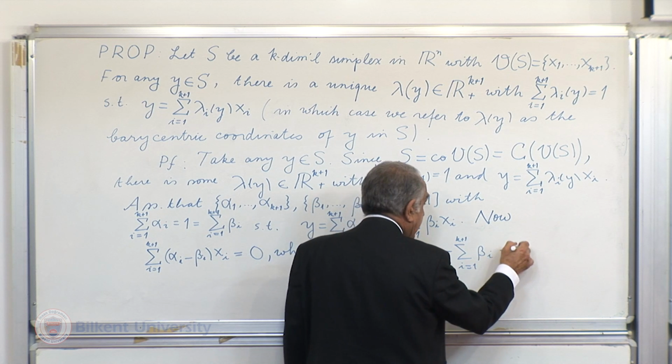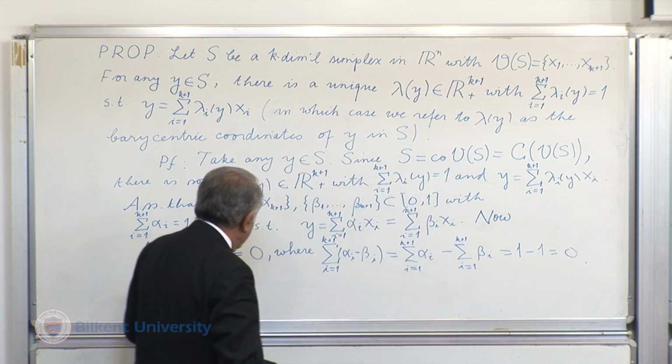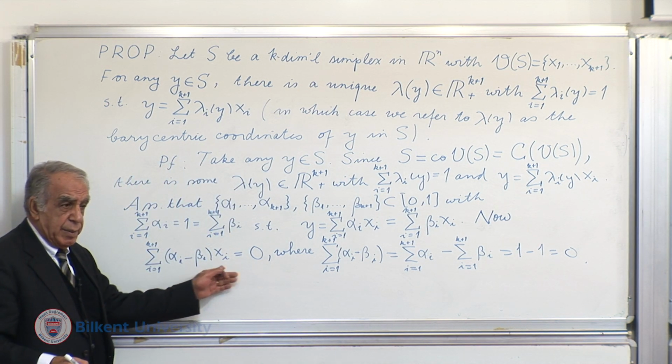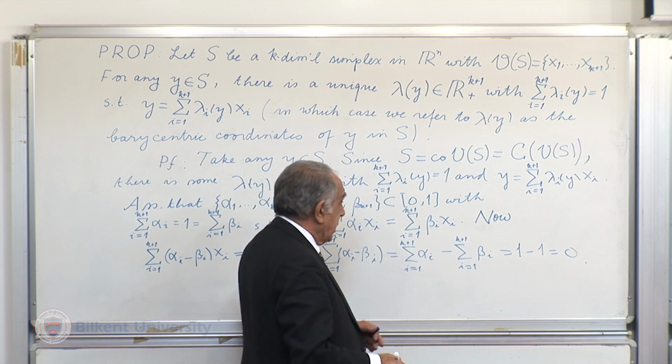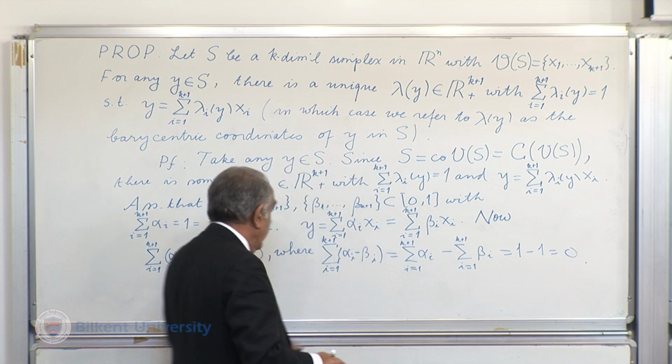But they're both 1, so that's 0. So here we have a linear combination of the xi's which is equal to 0. Moreover, the coefficients here add up to 0.